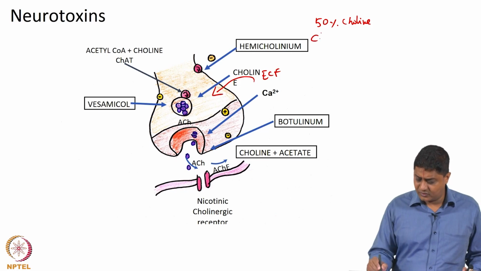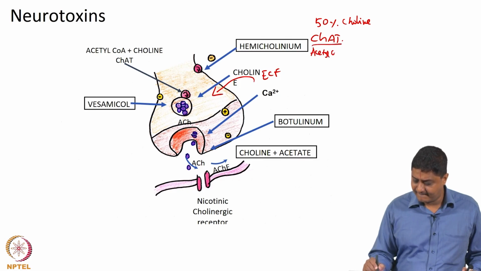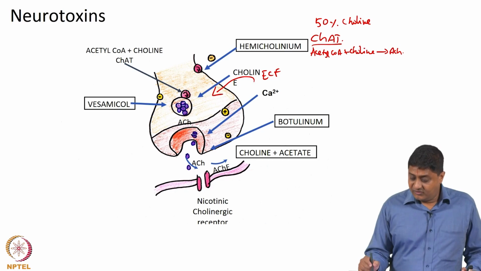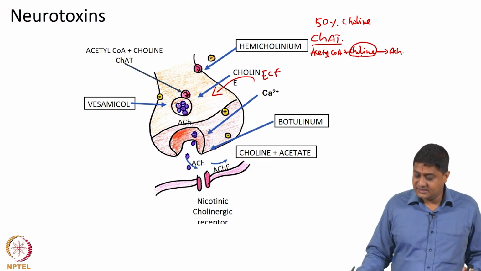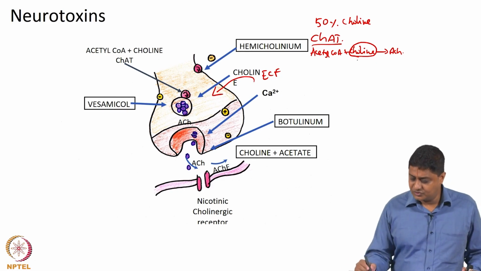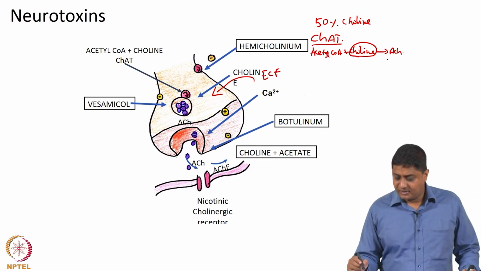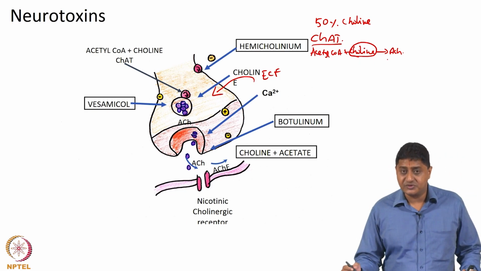For choline acetyltransferase to produce acetylcholine, choline acetyltransferase basically combines acetyl coenzyme A and choline to produce acetylcholine. This is what we have seen. If this ingredient in acetylcholine is lesser, or if choline is reduced by 50%, essentially what will happen is acetylcholine cannot be produced, right.